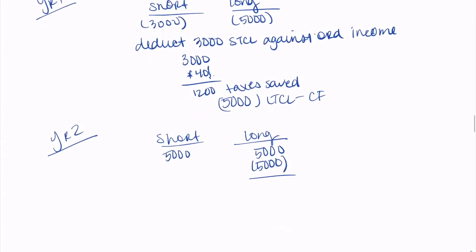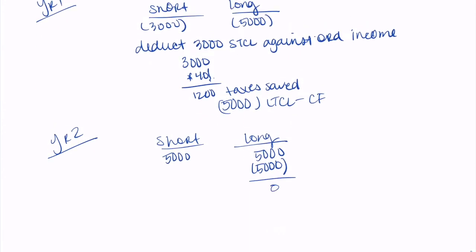That gives us nothing in the long section. And then we have our short-term capital gain of $5,000. That short-term capital gain is taxed at 40%, and that's $2,000 in taxes owed.